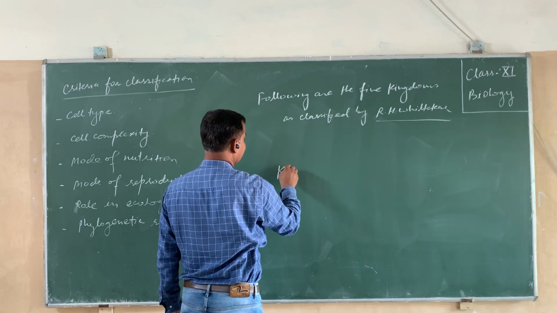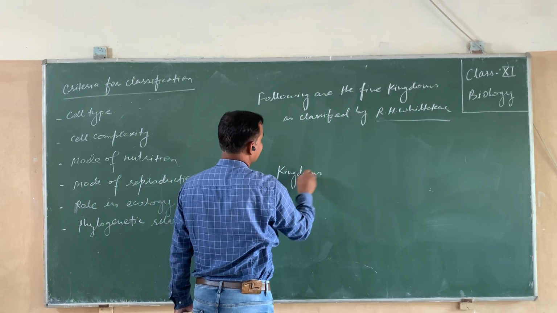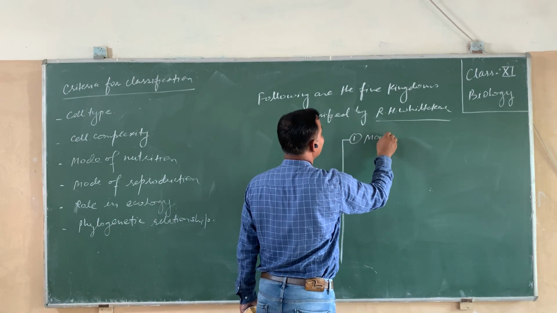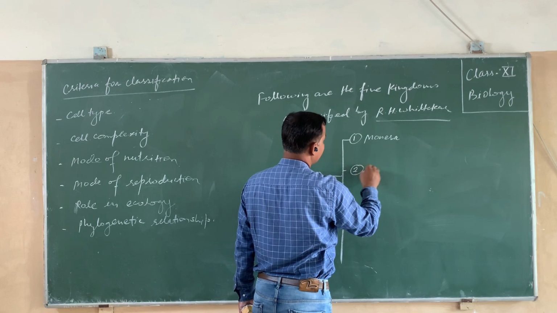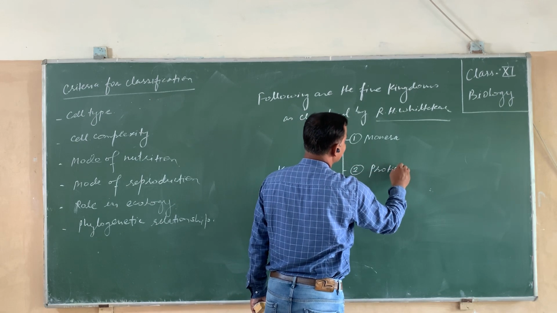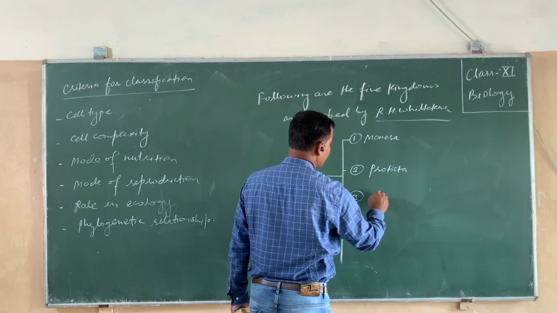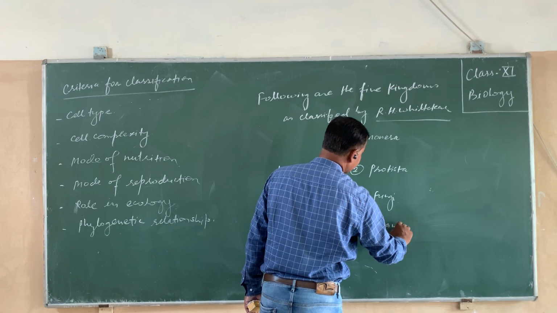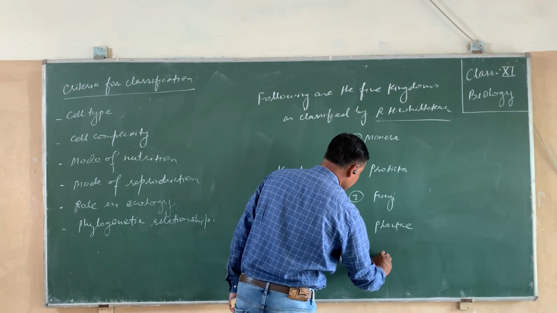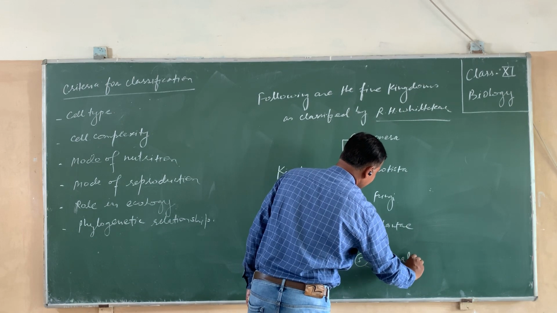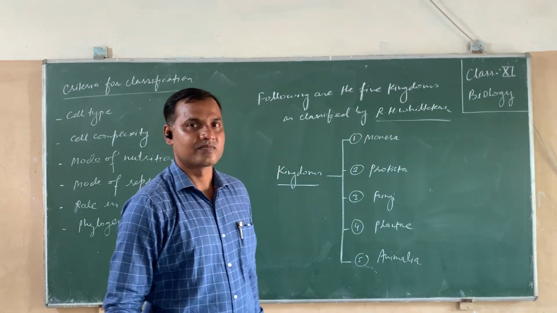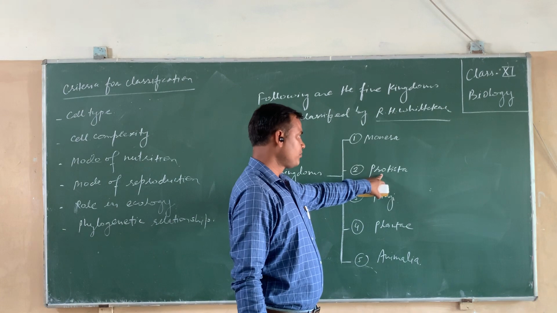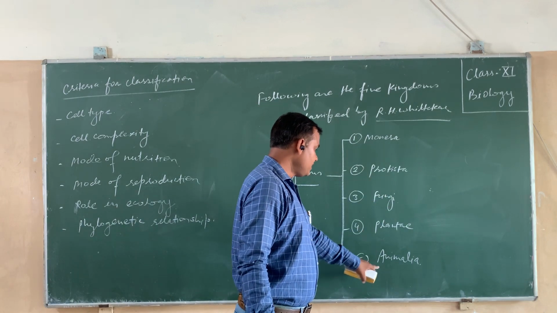You can write here: Kingdom first, Monera. Second is Protista. Third one is called Fungi. Fourth is called Plantae. And the last one is called Kingdom Animalia. So finally, we have 5 kingdoms given by Whittaker: Monera, Protista, Fungi, Plantae, Animalia.